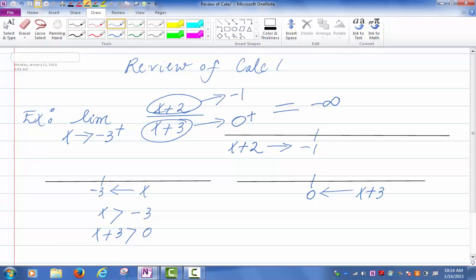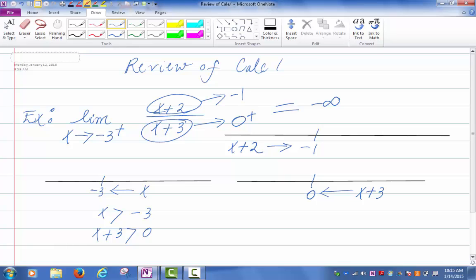Depends on the sign of the fraction when x is close to the limiting point. So what we decided was when x is close to -3, numerator is close to -1, denominator is close to 0 but positive, right? So we know that it has to be negative infinity, not positive infinity. Is that okay? All right.